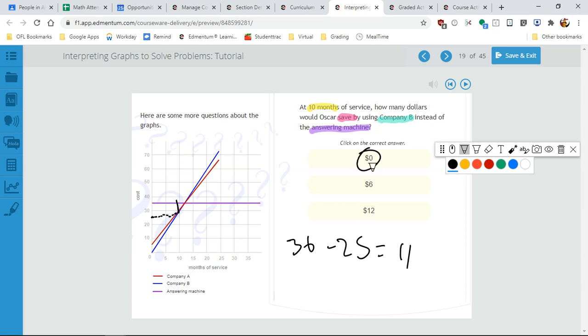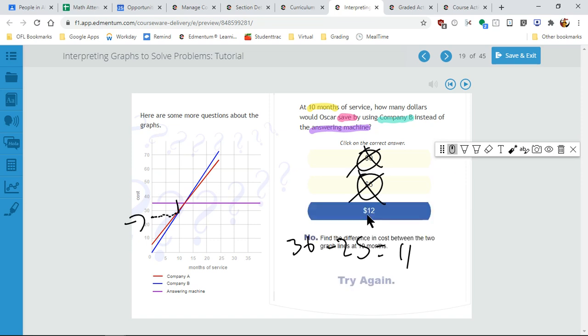So I know it's not 0 because they're not the same. I know it's not 6, because I might be bad at guessing where that is, but I know I'm not that bad. So I'm going to guess it's going to be 12. Why? Try again. What is the difference between the two lines in the graph at 10 months?